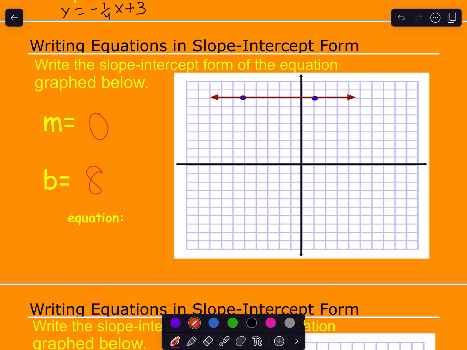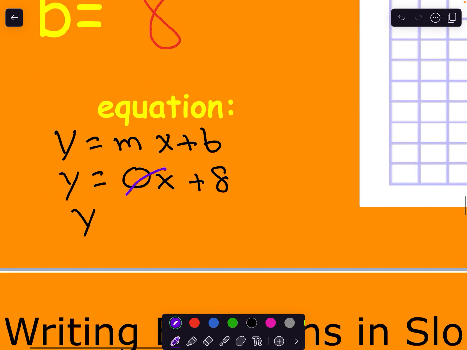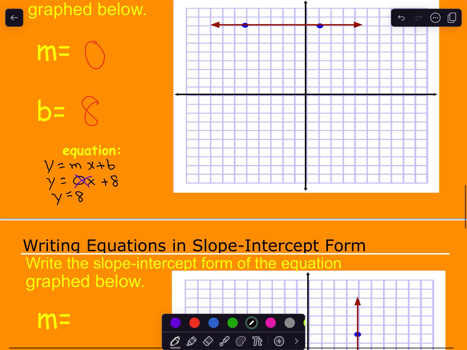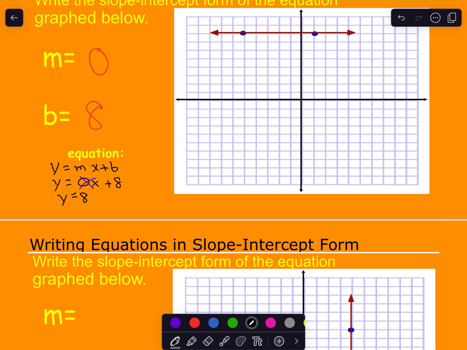So if I go into my equation, y equals mx plus b, and if I fill this in, m is 0 and b is 8, well, 0 times x would just cancel out, right? And I would just have y equals 8. So y equals 8 is a horizontal line crossing the y-axis at 8. So for horizontal lines, it'll look like that, y equals 8.